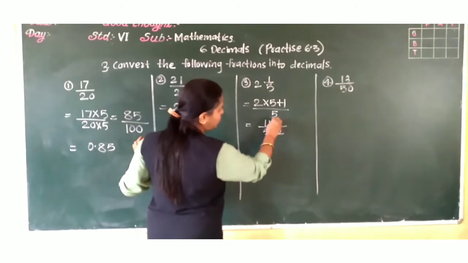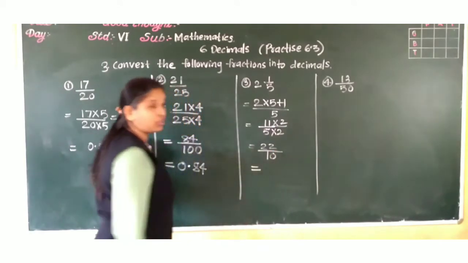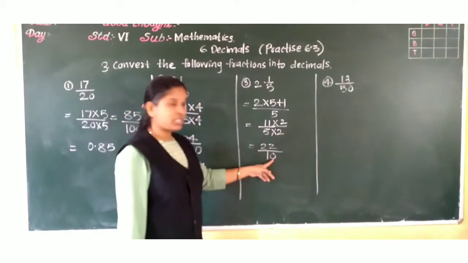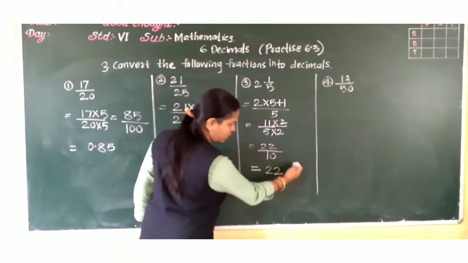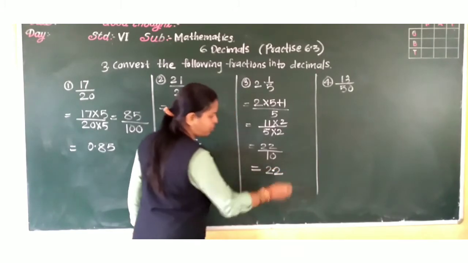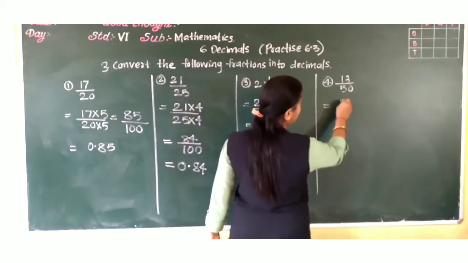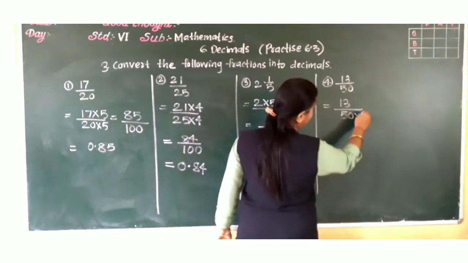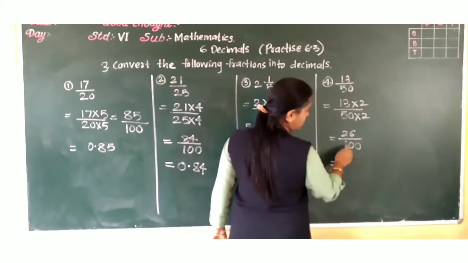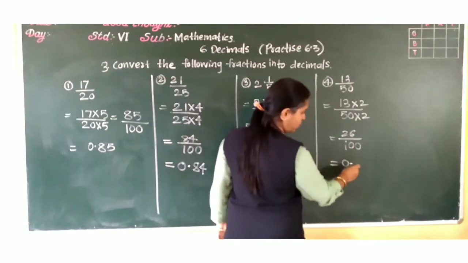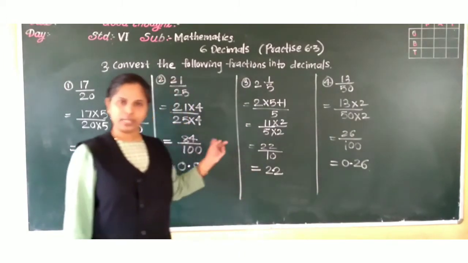Now multiplied by 2, it is 22 upon 10. Now 22 upon 10, only 1 zero is there. So write the numerator as it is. From the right side count 1 digit for the decimal. This is 2.2. Next, 13 upon 50. So multiplied by 2. 13 twos are 26 upon 100. That is 2 zeros, 2 digits, so whole part 0. 0.26. Followed how to convert?